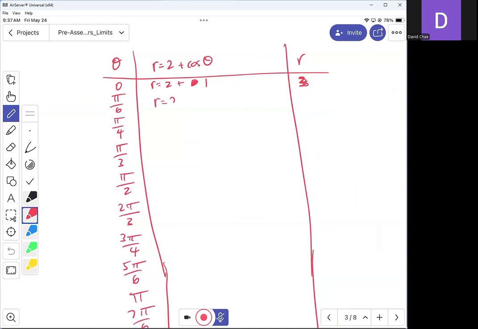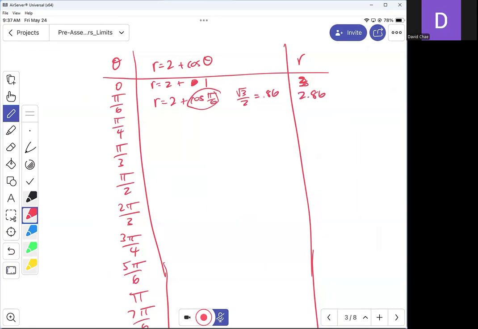r is equal to 2 plus cosine of pi over 6. Cosine of pi over 6 is radical 3 over 2. 2 plus radical 3 over 2 on your calculator is 0.86, so adding that would be 2.86.